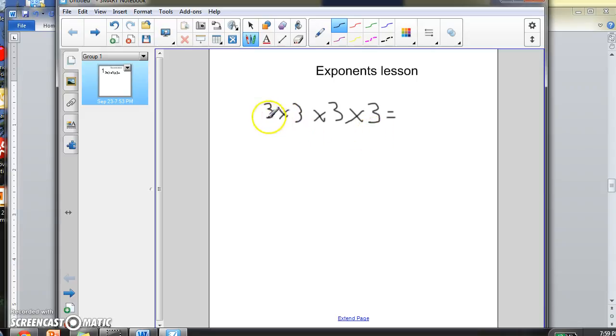The base is the number that's being multiplied. 3 is my base. Well, how many times did I multiply it? 1, 2, 3, 4. 4 is your exponent. So I have 3 times 3 times 3 times 3 equals 3 to the 4th power, or to the power of 4.